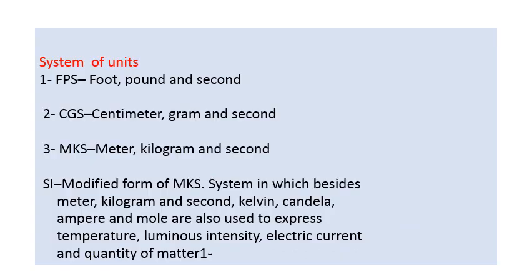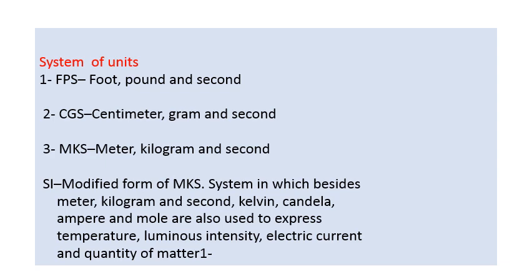System of units. The foot, pound, and second. This is an English one. We have centimeter, gram, and second. We call it CGS. We have meter, kilogram, and second. We call it MKS.